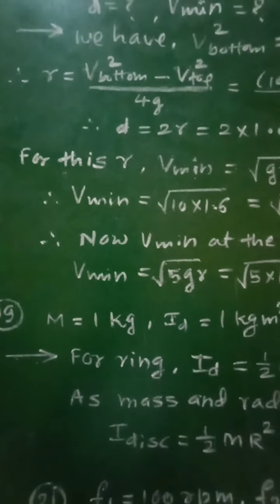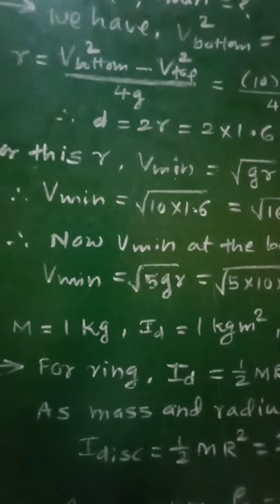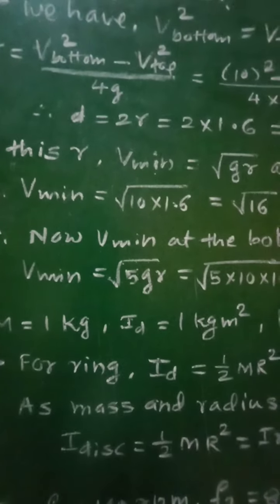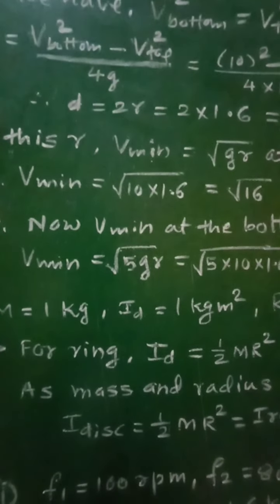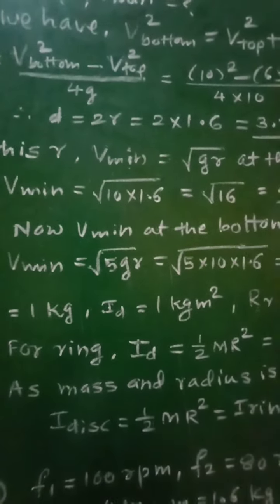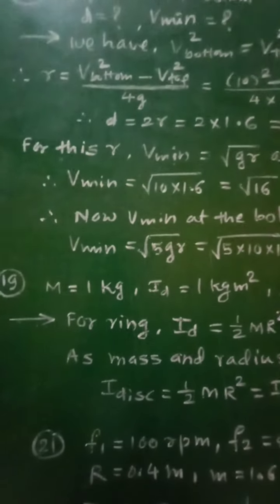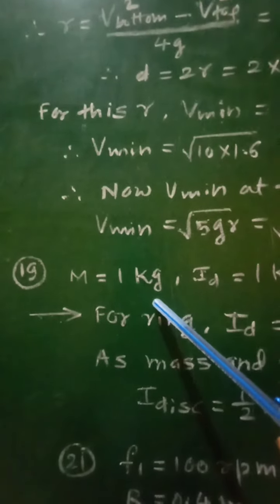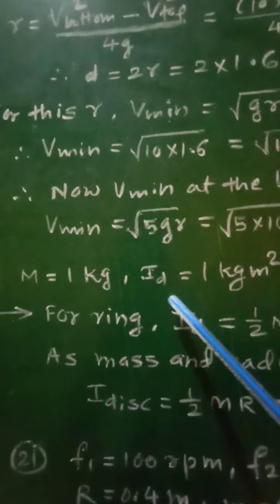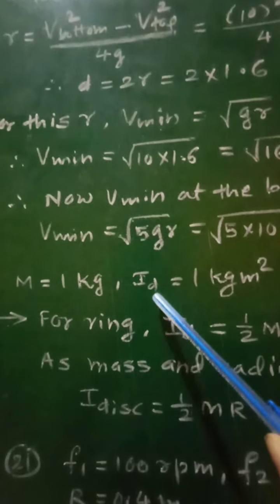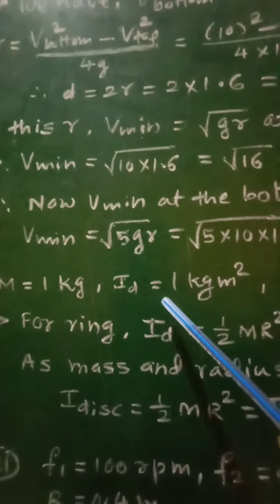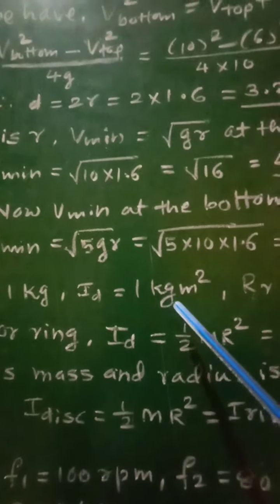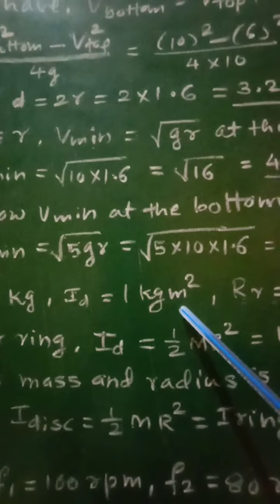That means when that disc is rotated about its own axis, that is its transverse axis, what will be the moment of inertia? For that purpose, the given data is mass m equal to 1 kg, moment of inertia about the diameter equal to 1 kilogram meter square for the ring.